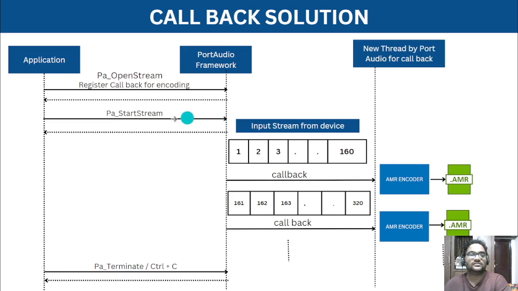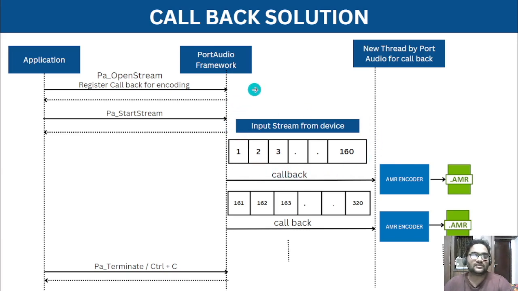As you know, once you start the stream, all the samples are in the stream in the PortAudio framework. Now, as we are associating this callback with this open stream, once the stream starts, the callback is designed to be called for every frame. This configuration we can also set in the code, which I will explain once we go through the code flow.